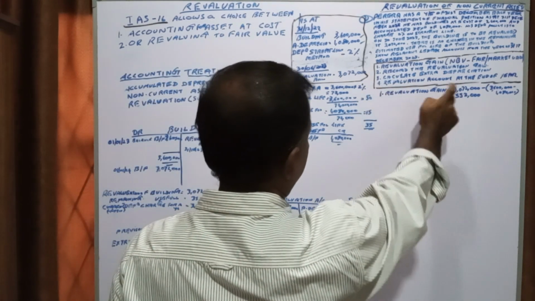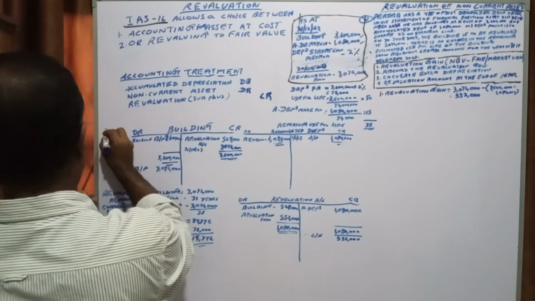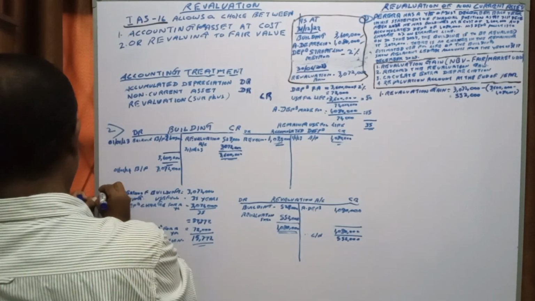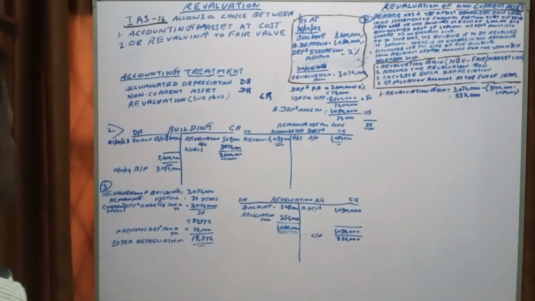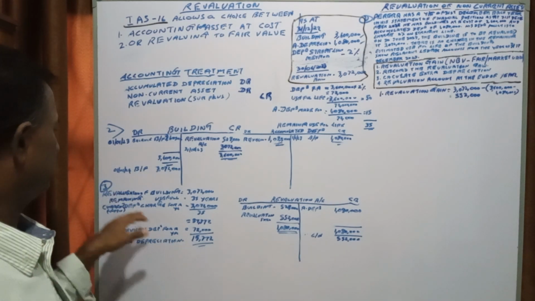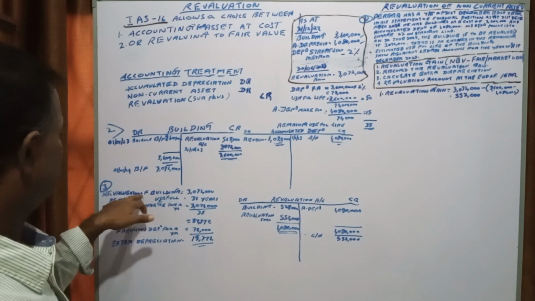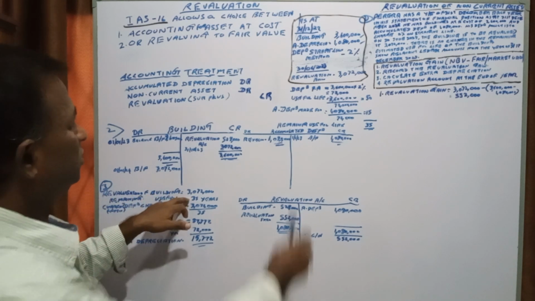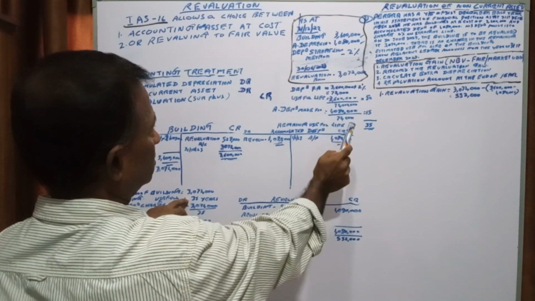Now we are in the third part of the answer. This is the second part, this is the third part. Here you say revaluation of building. Revalued amount is 3,072,000.